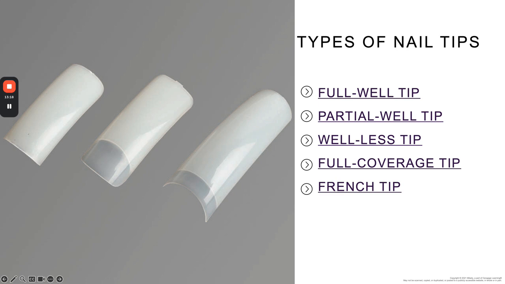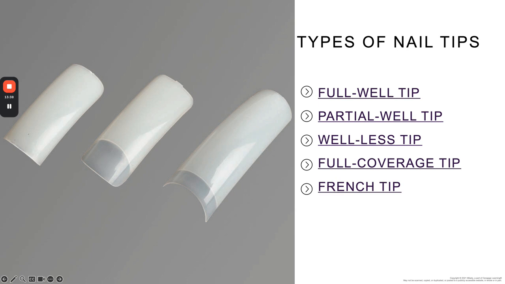Okay. Then there's such a thing as French tip nail tips. They come with a little dip already cut into them, which we call a smile line, so that when you attach it, it already looks like a natural French, right? It's cut like a smile line at the contact point.